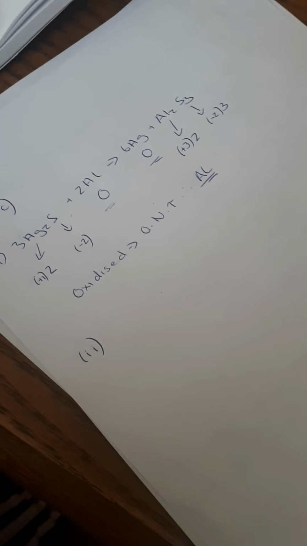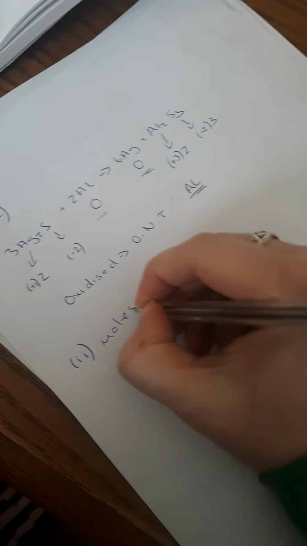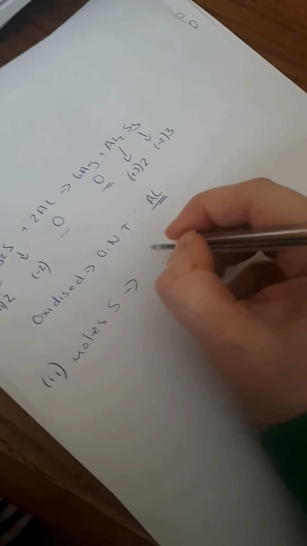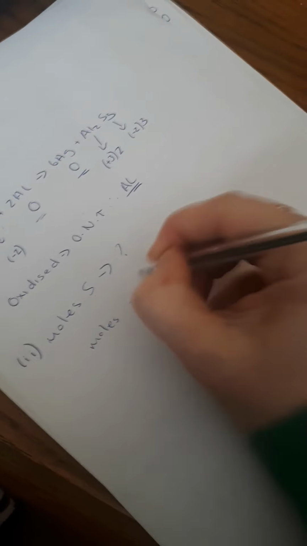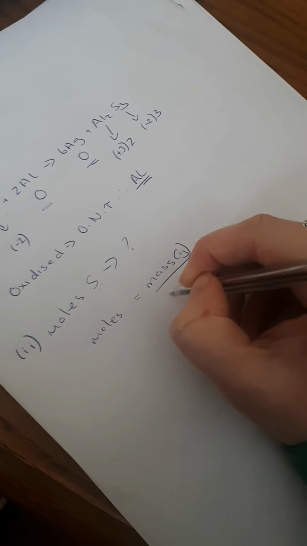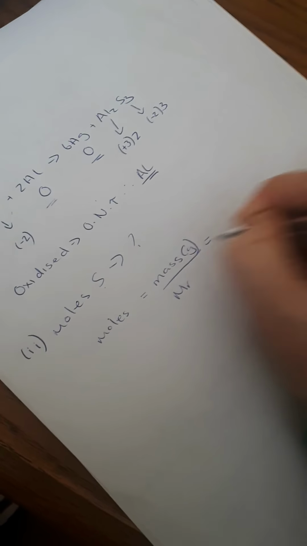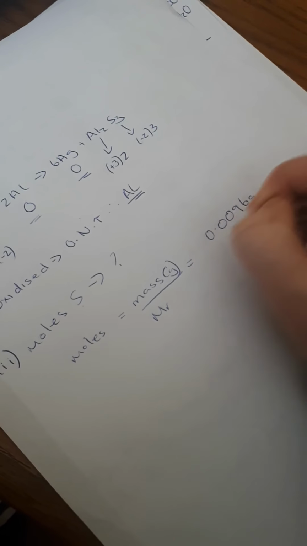Next, you're asked how many moles of sulfur were removed from the bracelet when the silver sulfide was converted to aluminium sulfide. Firstly, the moles of sulfur is going to be the mass in grams, and I'm told the mass in grams that was removed is 0.0096 grams.